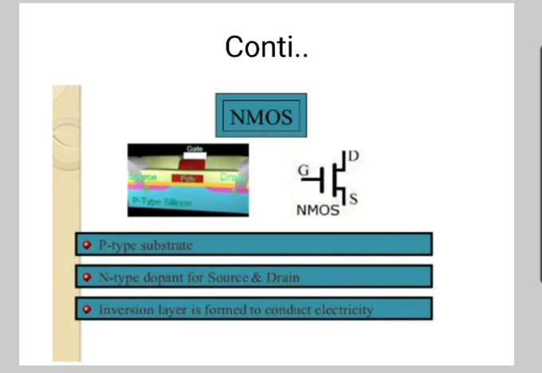So in an NMOS transistor, the n-type regions are the source and drain electrodes, and the region between the source and drain is the channel region, which is covered by a thin silicon dioxide layer.